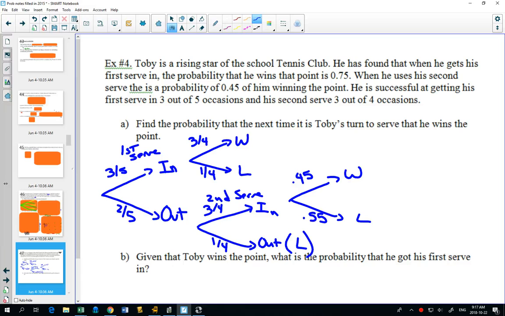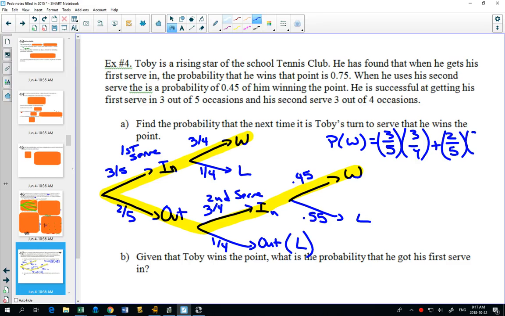So what is his probability that he wins? Well, if we highlight all the branches that win, it's either this branch here or this branch here. So our probability of winning will be 3 out of 5 times 3 out of 4 plus 2/5 times 3/4 times 0.45.